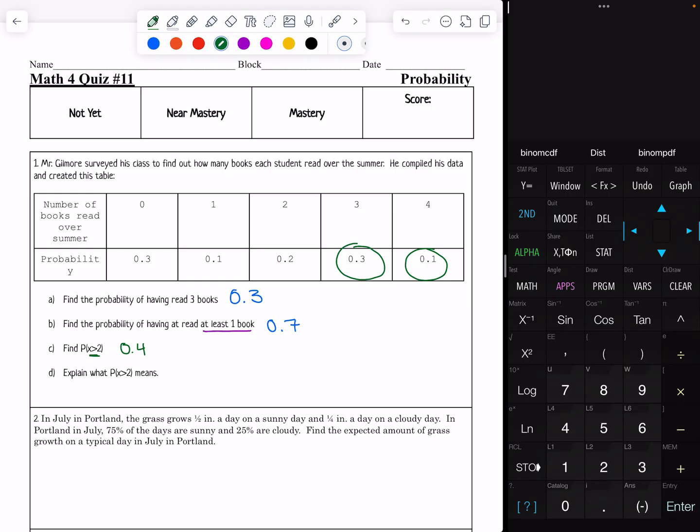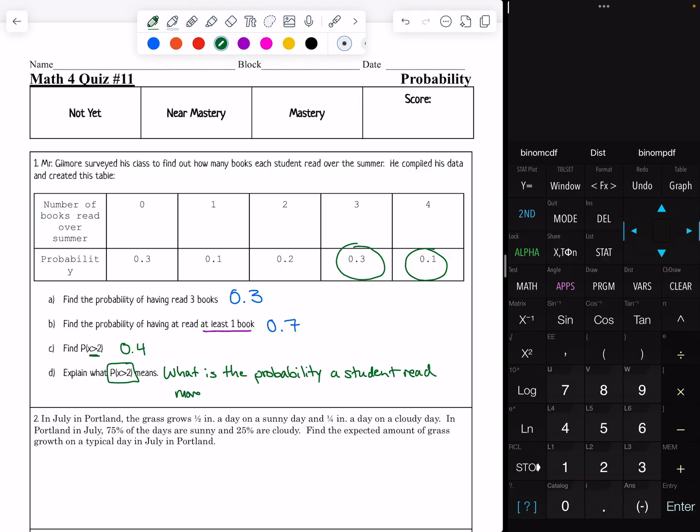D says explain what P(X is greater than 2) means. So that is asking you, in very simple math symbols, what is the probability? Because that's what the P stands for. So what is the probability a student read more than 2 books?